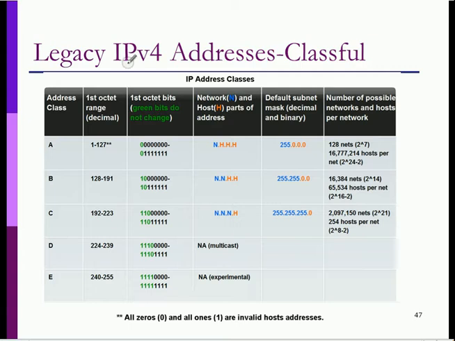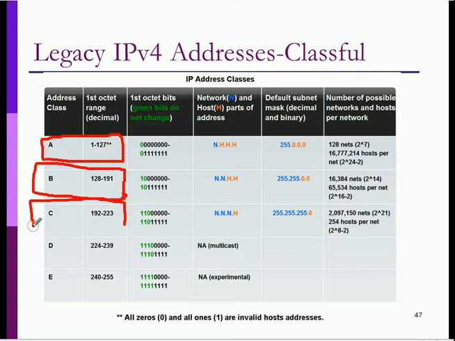Finally, the classful addressing. You have class A, where you start from 1 and end at 127. You have class B, which starts from 128 and ends at 191. You have class C that starts from 192 and ends at 223.